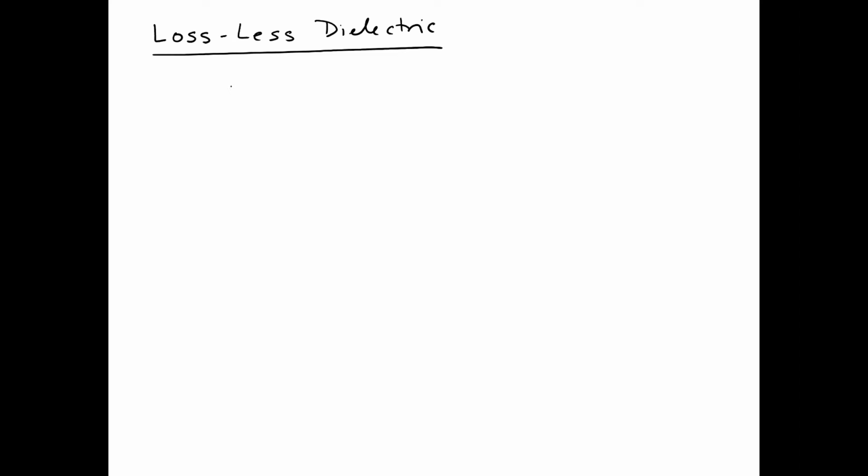Lossless dielectric is you have mu and you have epsilon, and mu and epsilon are purely real. These are real numbers. There's no imaginary part to them. So mu is mu naught mu r. Epsilon is epsilon naught epsilon r.